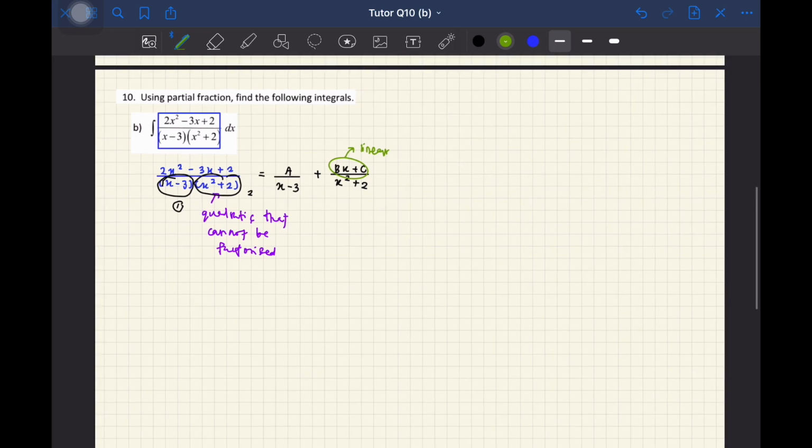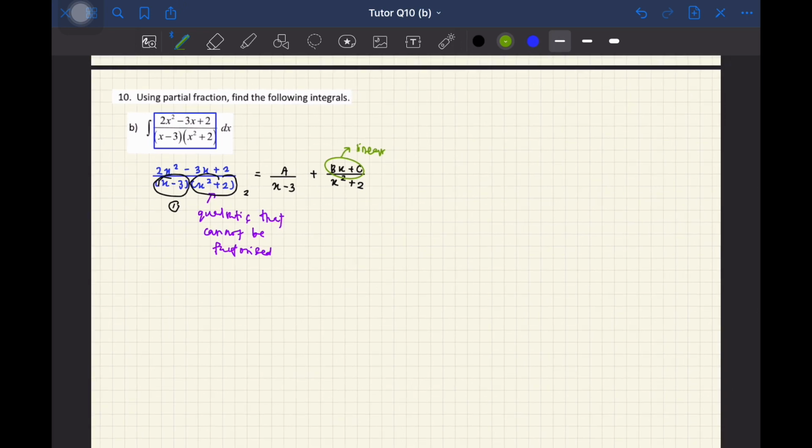Settle. So sekarang apa yang kita nak buat? Kita nak samakan dia punya denominator. So this is the denominator that we want, and this is the denominator that we have. Awak tengok dekat sini, awak ada A. So you just need to multiply A with something that your denominator does not have.